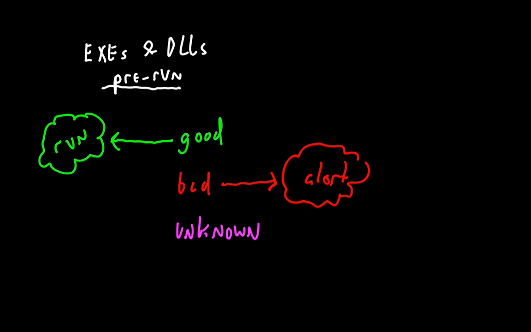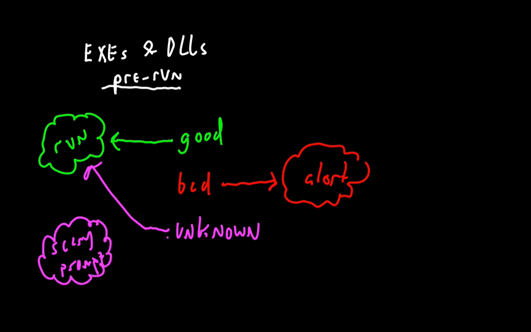And again, that is dependent on the configuration of the product. In some cases, unknown is a default where it's just treated as good and allowed to run. In other cases, unknown is an opportunity to raise a scary prompt and to really warn the user and say, hey, I don't know, are you sure you want to allow this to run?